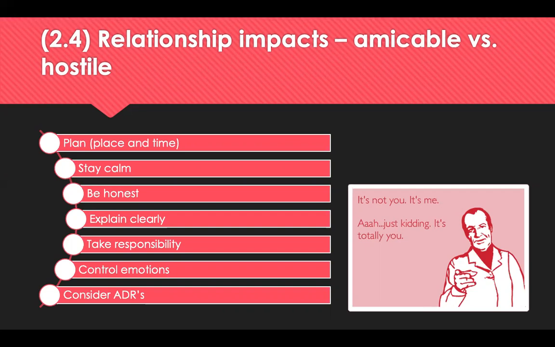The supplier needs to be given an honest explanation for the termination, delivered clearly and concisely. And the parties should avoid emotional responses and stay logical. And finally, alternative dispute resolutions may be considered, including mediation.